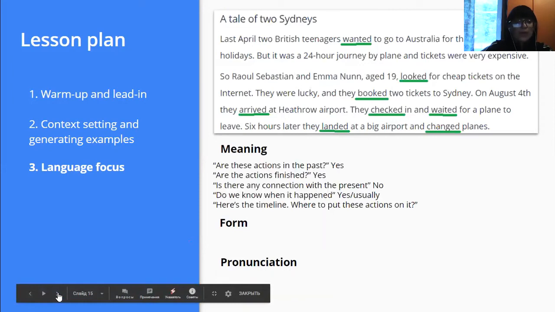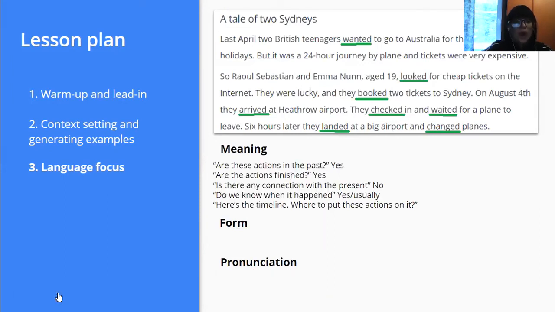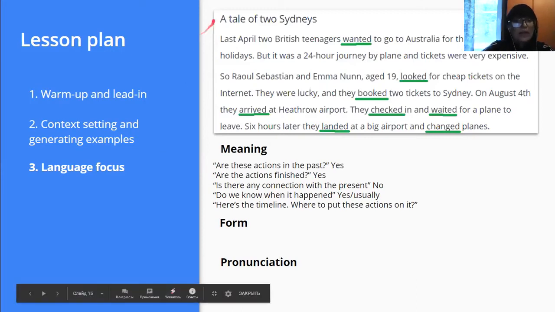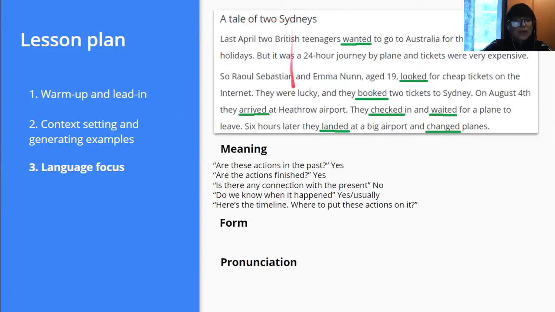First and foremost, we might ask our students, are these actions in the present or in the past? Look, last April, you might even use different gestures. And your student would have to answer, yes, these actions are in the past. Are these actions, for example, finished, like stop? You may even use different words like stop.